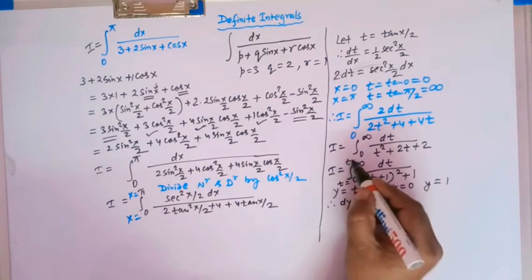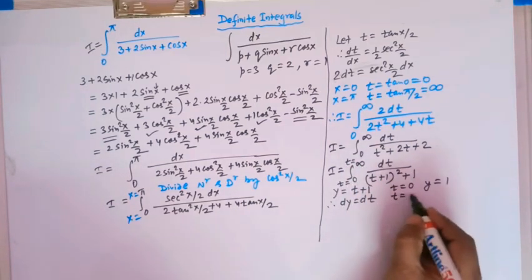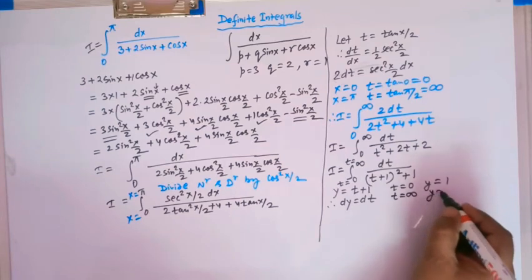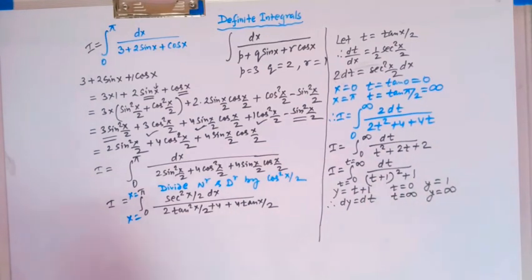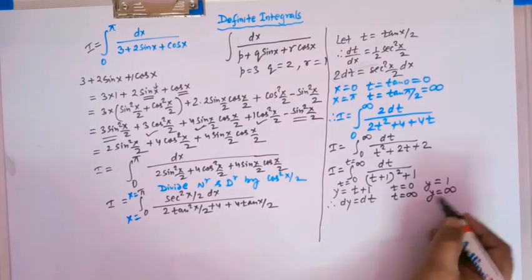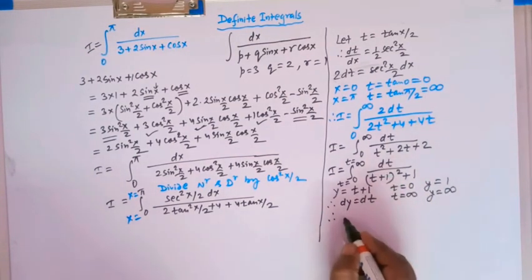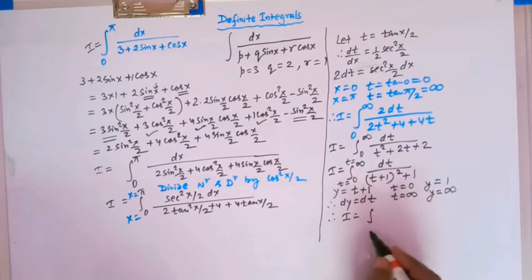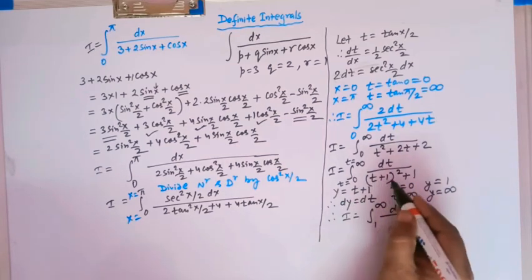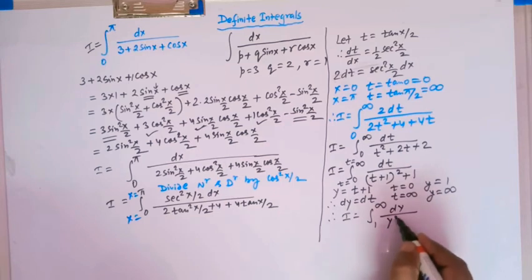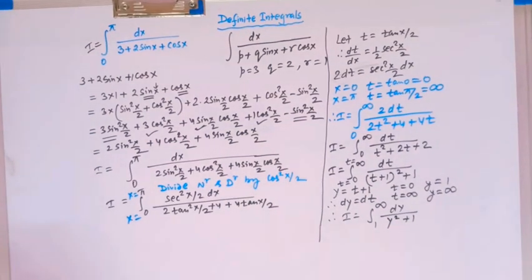And when t is equal to infinity, we have y is equal to infinity plus 1, that is infinity, right? So now this integral reduces to 1 to infinity, and for dt we have dy, and for t plus 1 we have y, so we have y square plus 1, right?